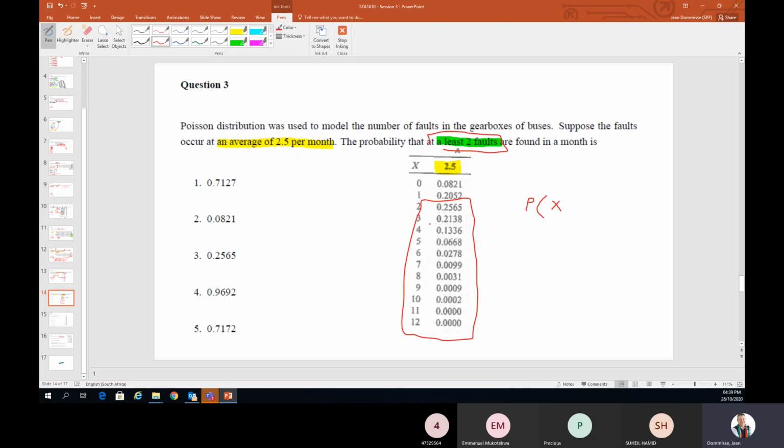questions where they use the at least and the at most and things like that. And when I look at this one, I would have said, okay, I need to get the probability of 2.